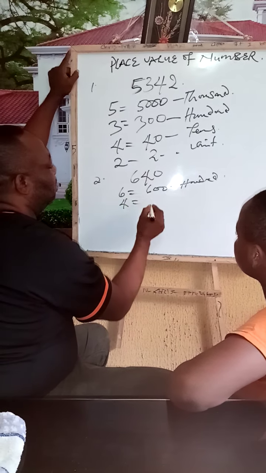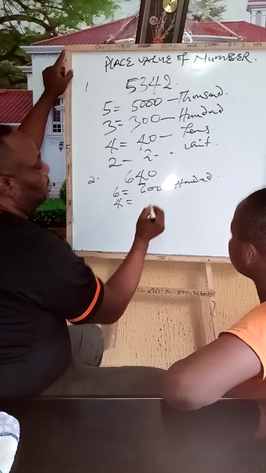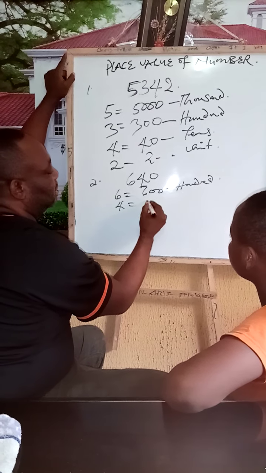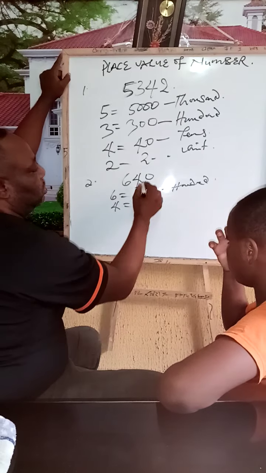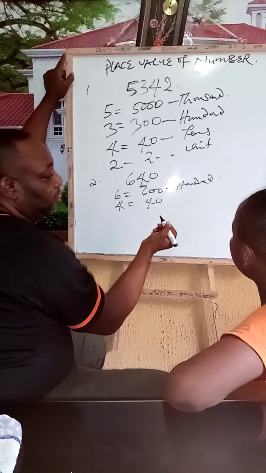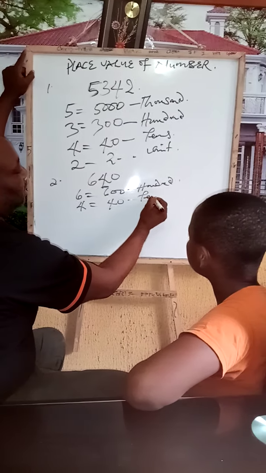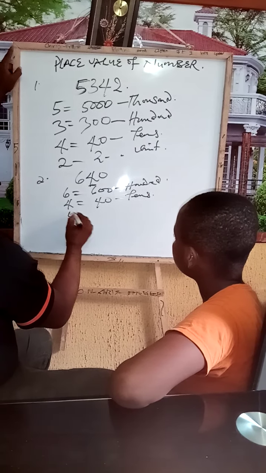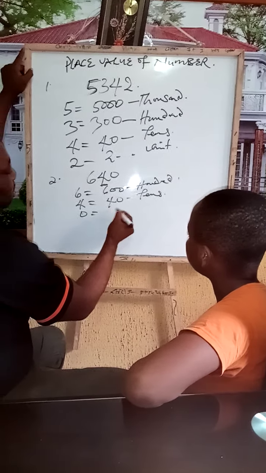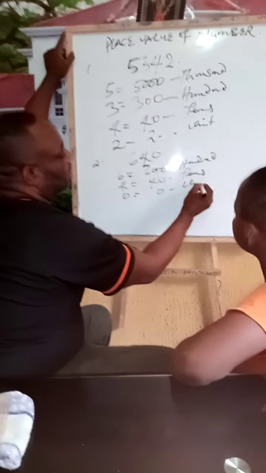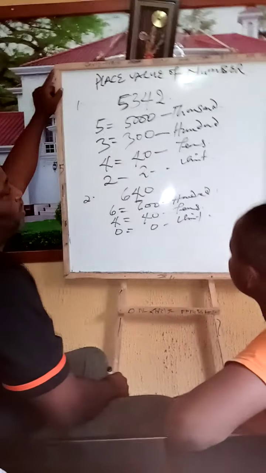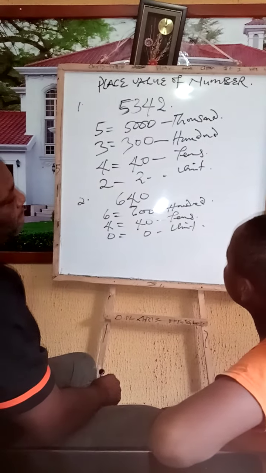Then 4 is for what? Tens, that is 40. Then 0 is what? That is still 0, which is what? Units. So this is the place value of numbers.